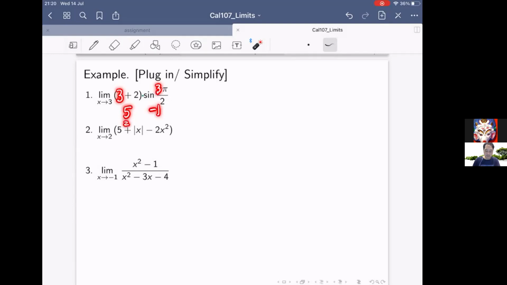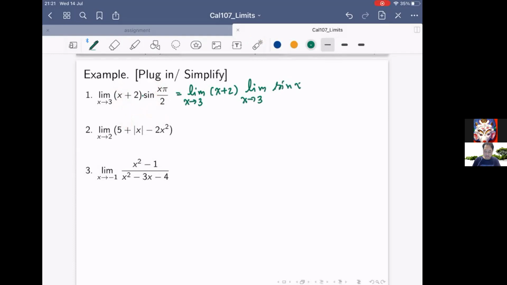So for both of them, the function value exists. Actually, this one can just be multiplied, right? So it is the same as the limit as x goes to 3 of x plus 2, which is a polynomial, and the limit as x goes to 3 of sine of x pi over 2, which is the trigonometric function.